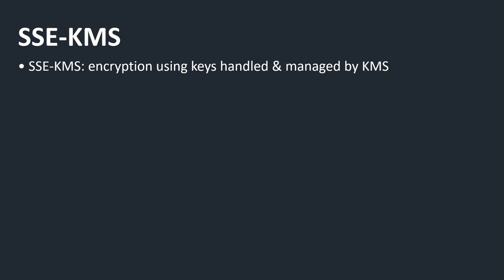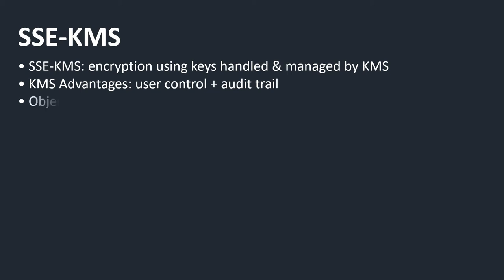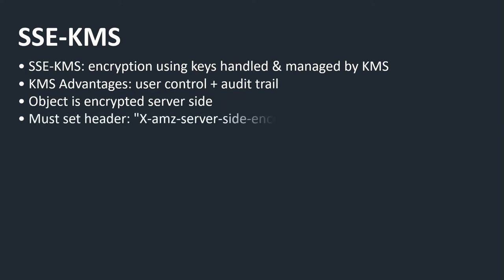Why would you use KMS over SSE-S3? Well, it gives you control over who has access to what keys and also gives you an audit trail. Each object is going to be again encrypted server side, and for this to work we must set the header x-amz-server-side-encryption to the value aws:kms.